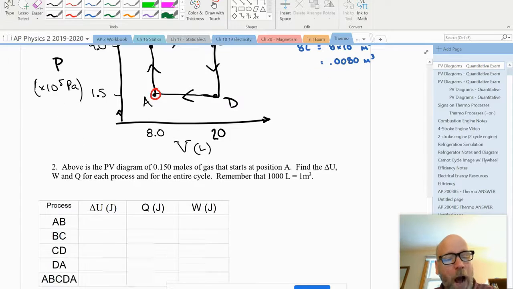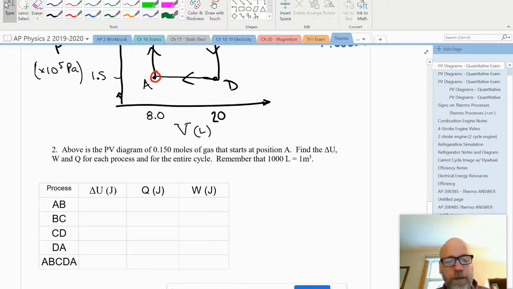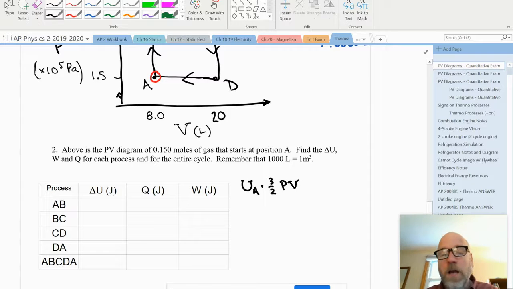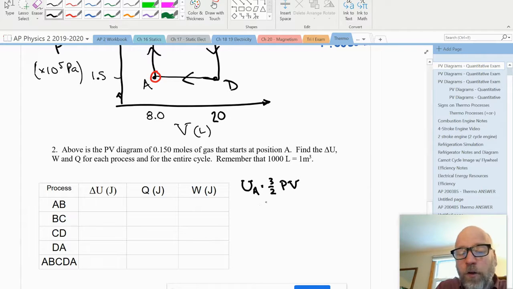Okay, so I think the key to solving these is to start off with stuff I know I can calculate. One thing I know I can calculate is the change in internal energy, because I can find the internal energy at each one of these positions. So the internal energy at A is going to be 3/2 PV. I could solve it in terms of temperature, but I don't need to because I have pressure and volume given on the graph.